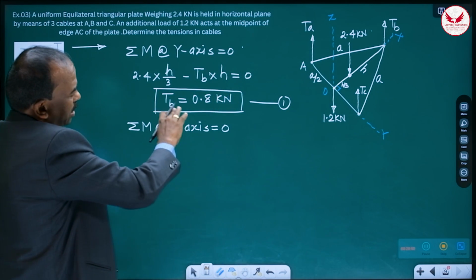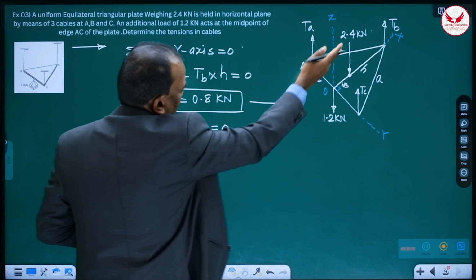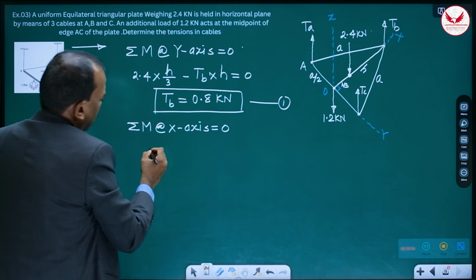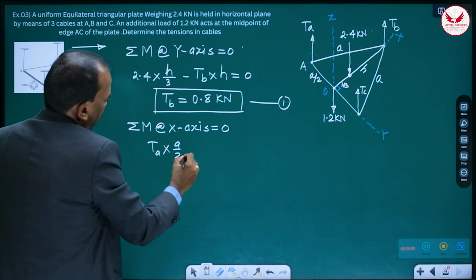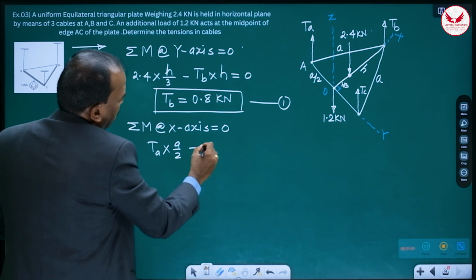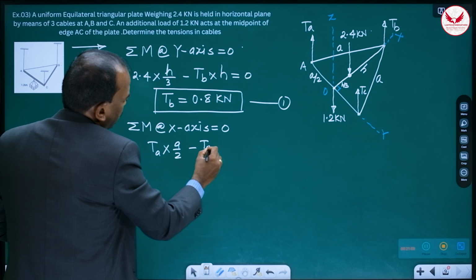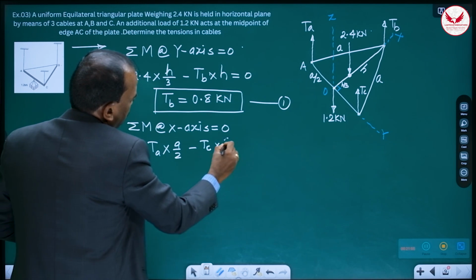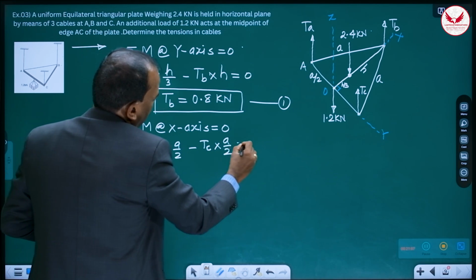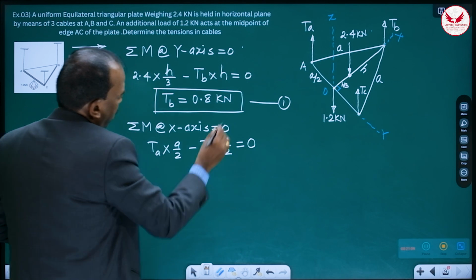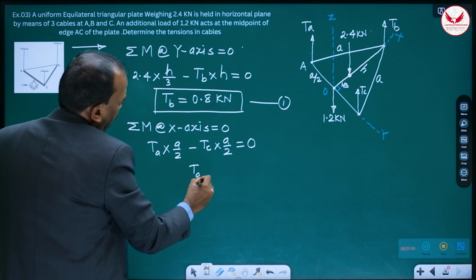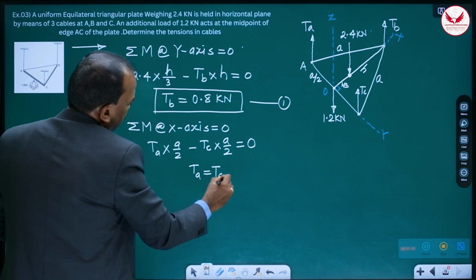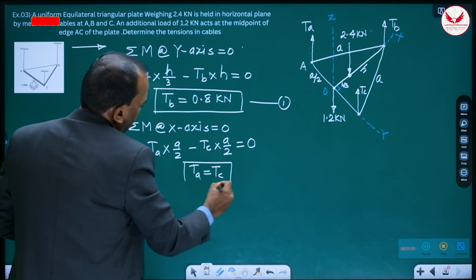If we are looking from this side, TA is clockwise. TA into a by 2 minus TC into again a by 2 is equal to 0. A by 2 will get cancelled and we'll get TA is equal to TC. This is the second relation.